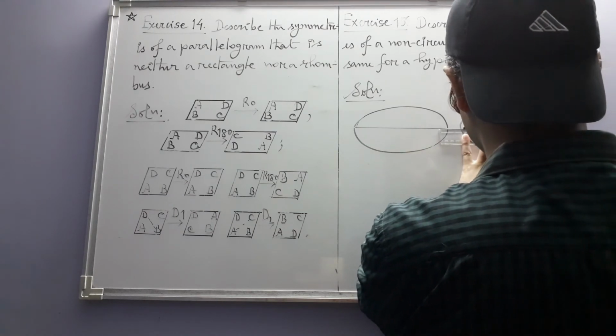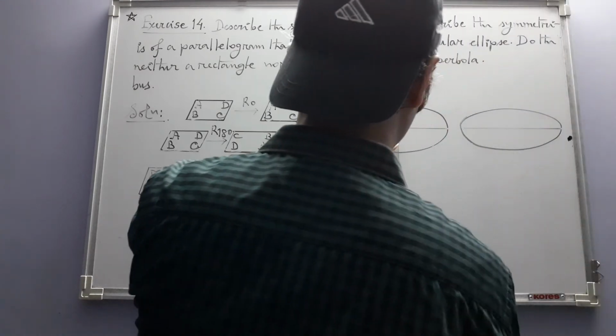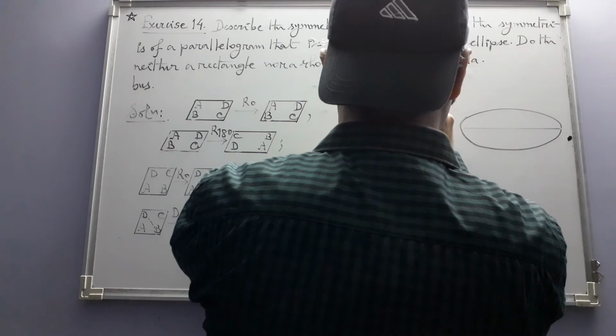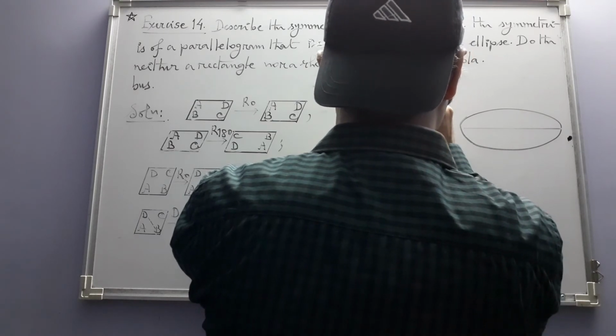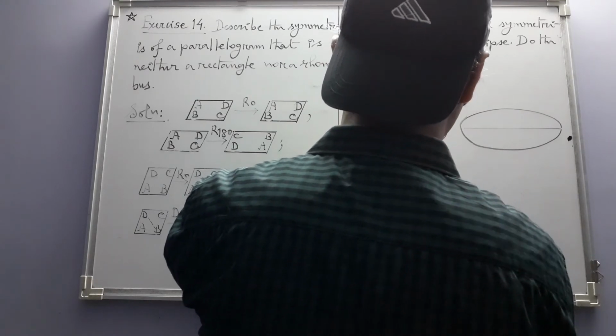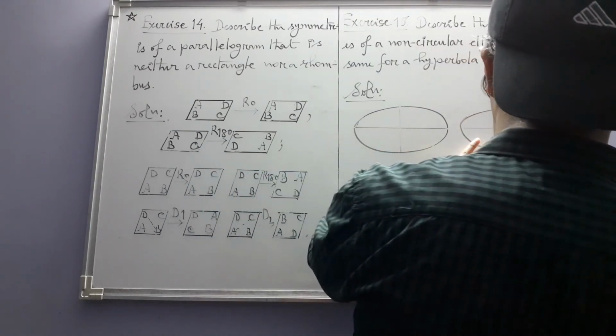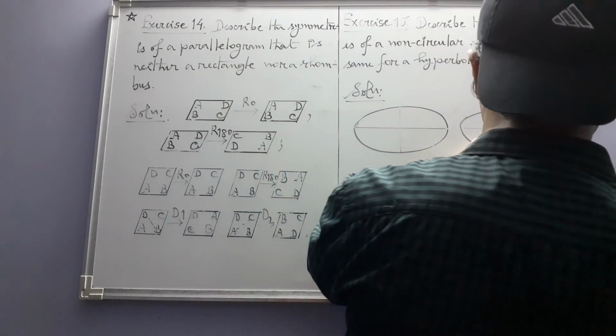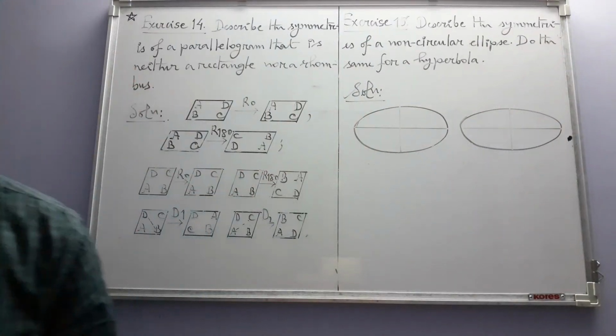So these are the major axes, and non-circular, we have been restricted to consider a non-circular ellipse. I need some ink.